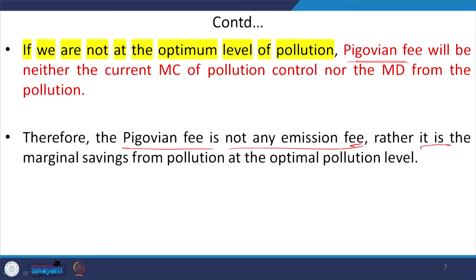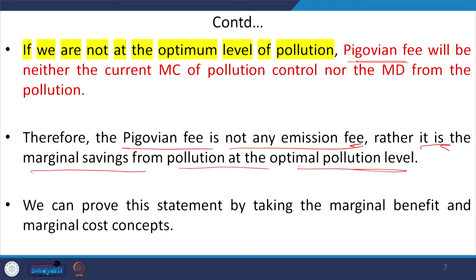Rather, it is a special case of emission fee, the marginal savings from pollution at the optimal level of pollution itself, okay.